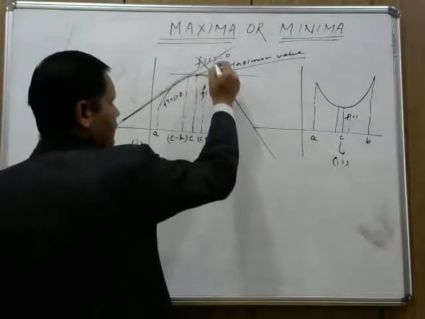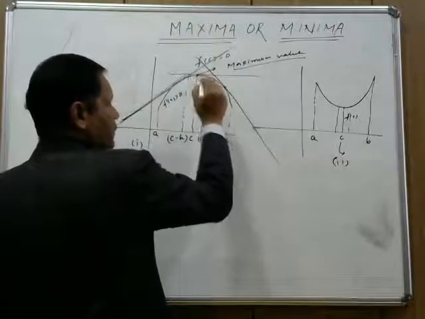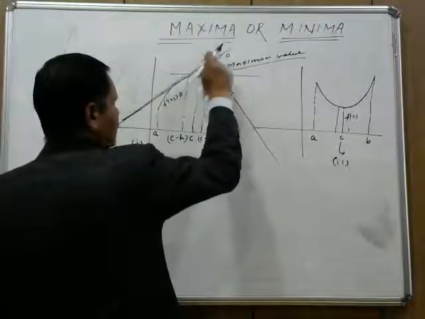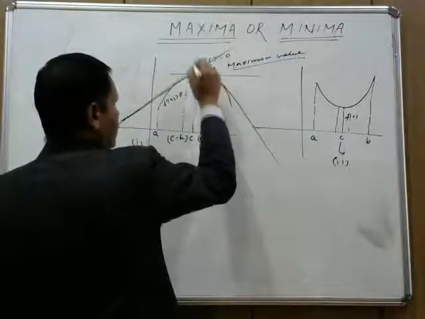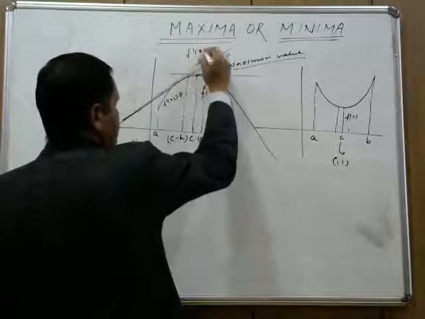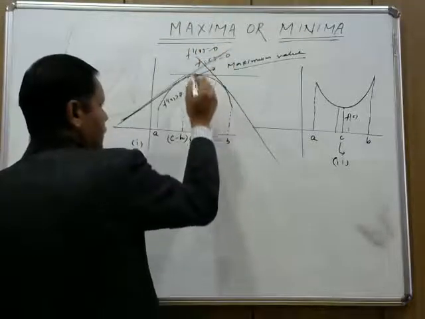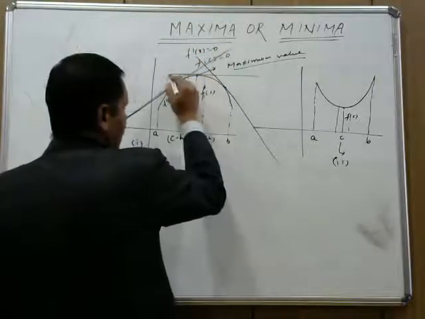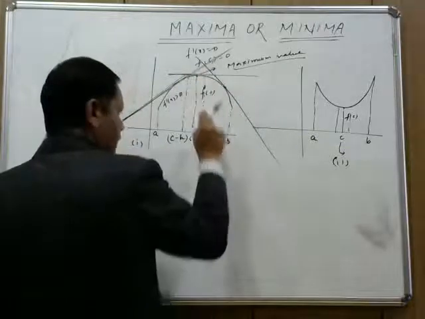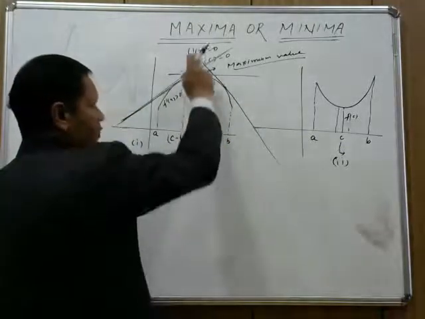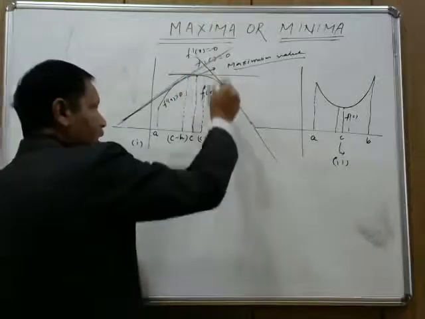At this point, f dash of x is equal to 0, because the tangent is parallel to the x-axis.